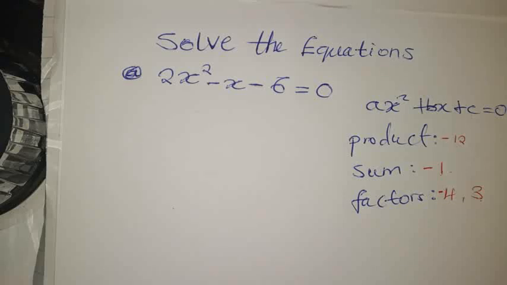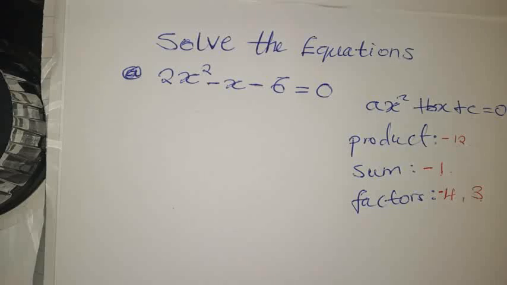Hi, so in today's video, I'm going to teach you how to solve quadratic equations by using the factorization method. As you can see already here, we have our equation 2x squared minus x minus 6 equal to 0.